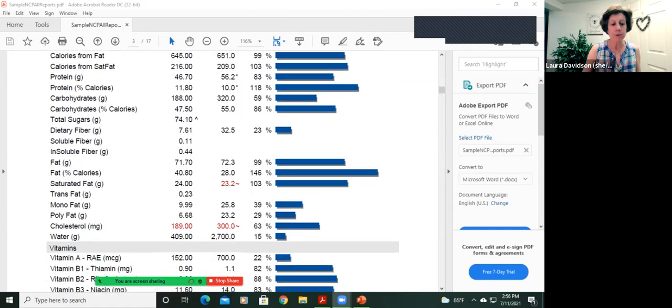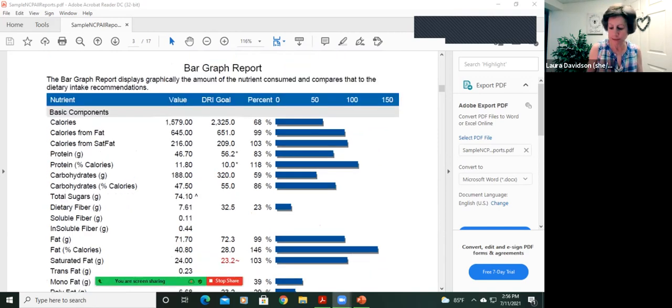But we do have saturated fat here, and I do want to write down these numbers for our math. So Monique consumed 24 grams, and she consumed 1579 kcals. All right.